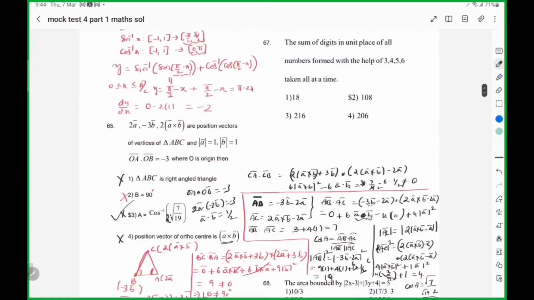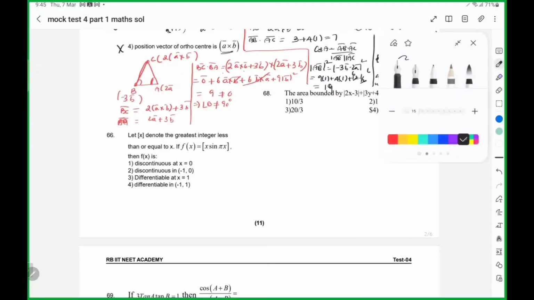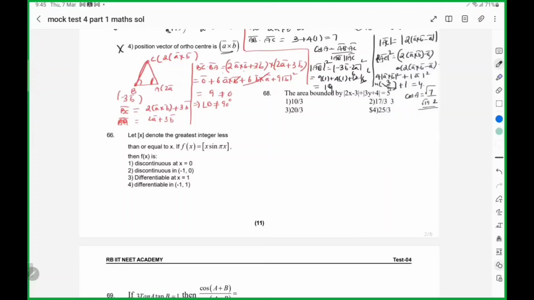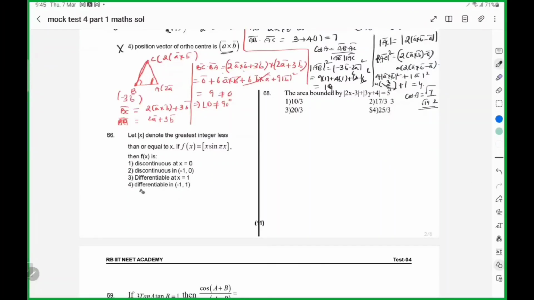Here, 66th question. Here x lies between, all intervals are between -1 and 1. So the sine graph you know.